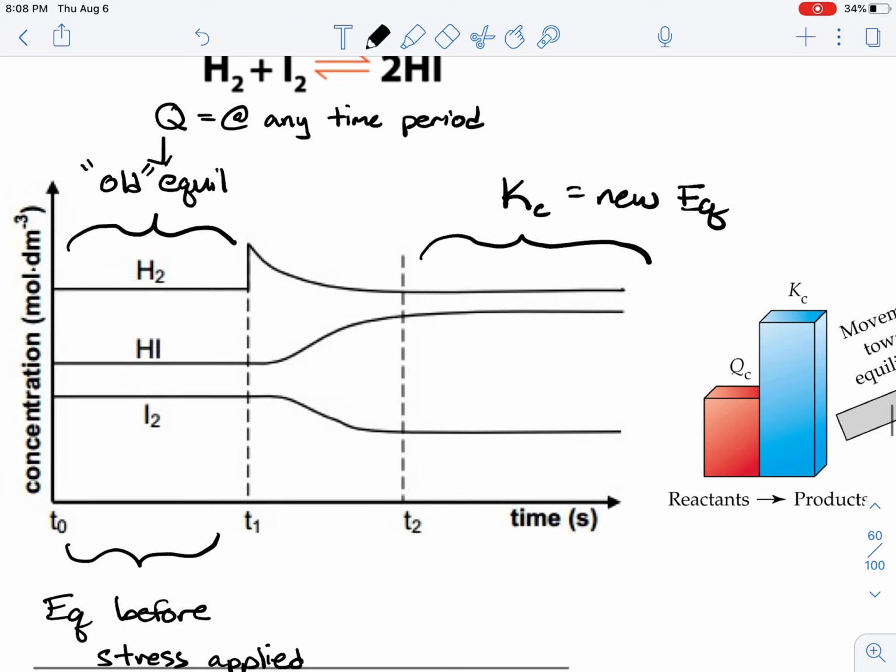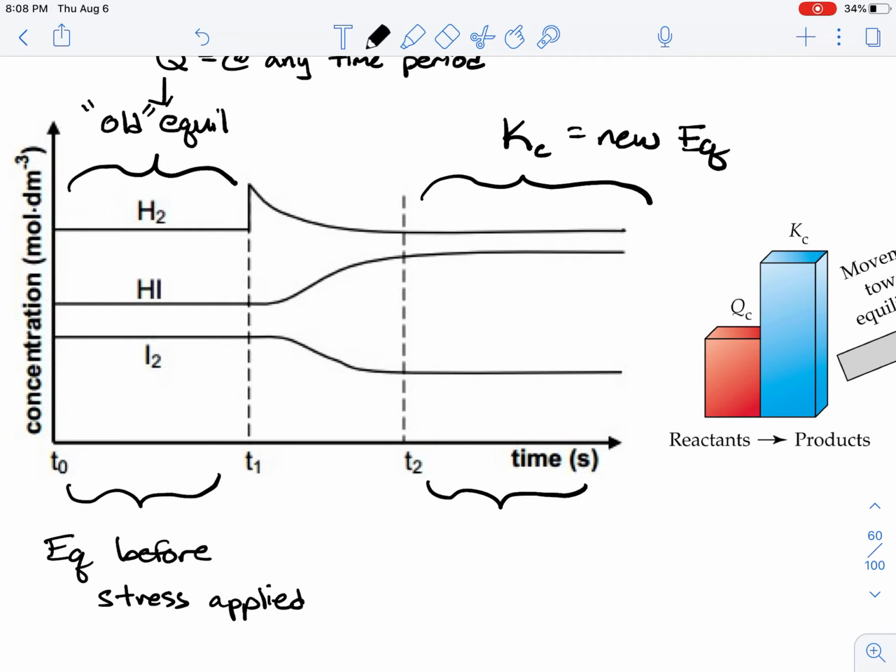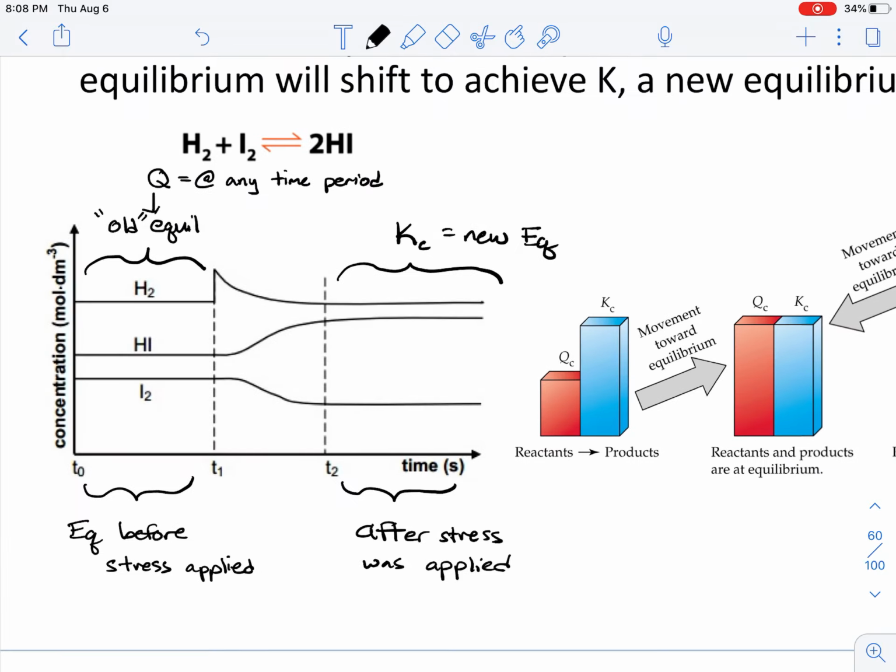So it's going to represent the new equilibrium, which is the time period in which it's going to happen after the stress was applied. It's pretty much the end result.